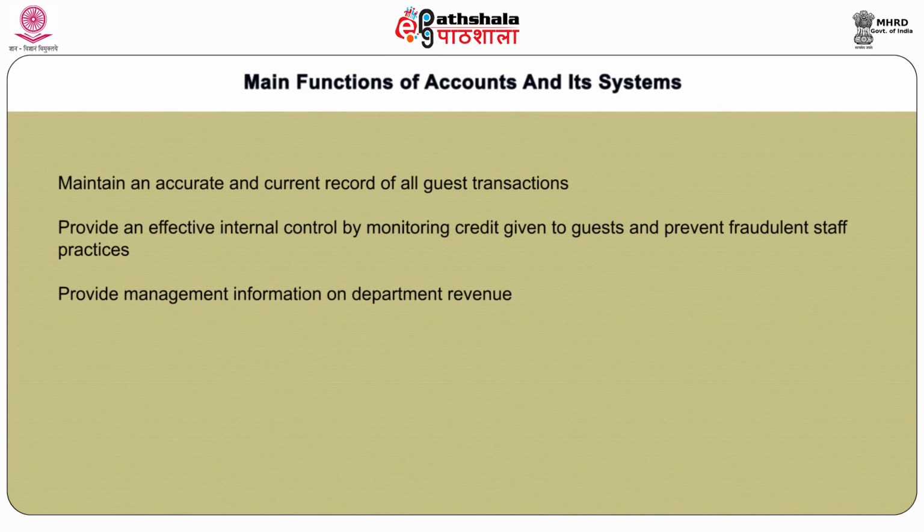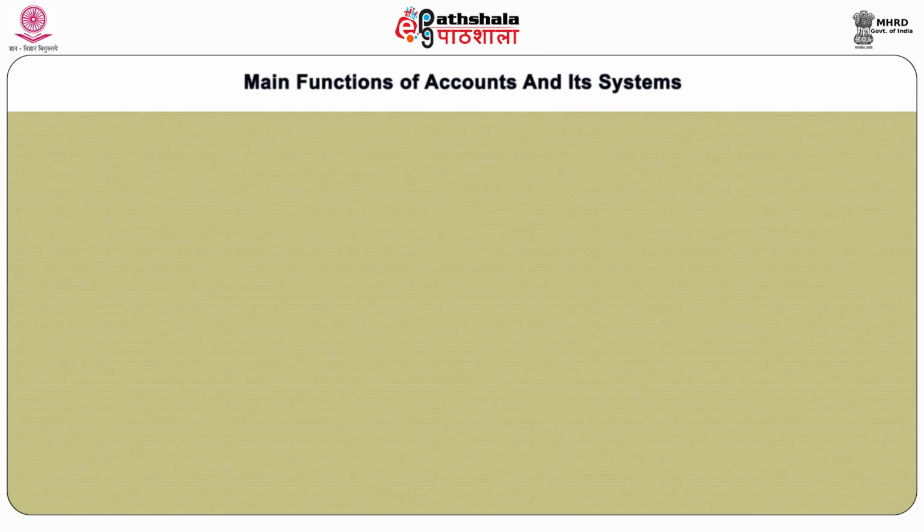The main functions of the front office accounting system are to maintain an accurate and current record of all the guest transactions, provide an effective internal control by monitoring credit given to guests, and also prevent fraudulent staff practices, if any, happening within the premises, and also provide management information on the department revenue.